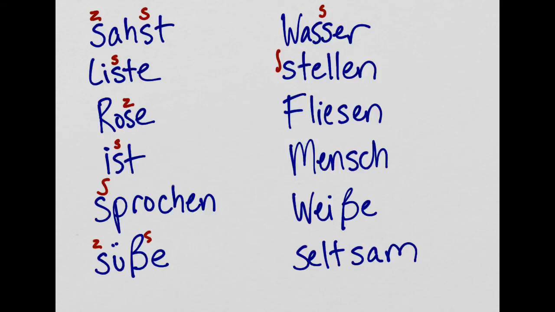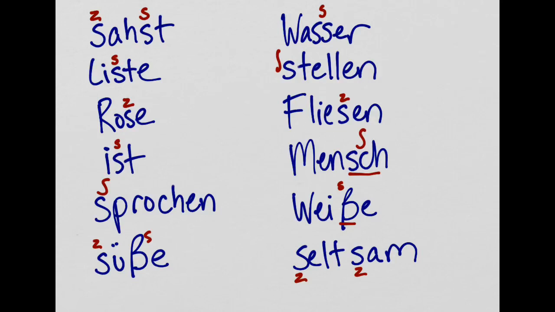S before a vowel, Z. SCH, sh. S set, oh, sorry about that, that's not the right one, is always an S sound. And then here we have two S's before vowels, both Z's.